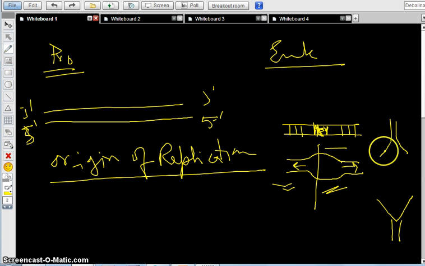This is the fork which goes to this side, and this is another fork going to this side. So this is a bidirectional fork. Sometimes, if the fork is moving in only one direction, this is called a unidirectional fork.